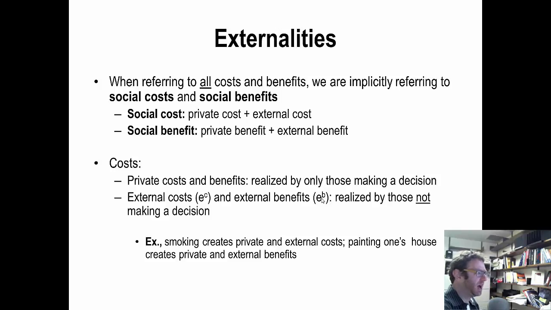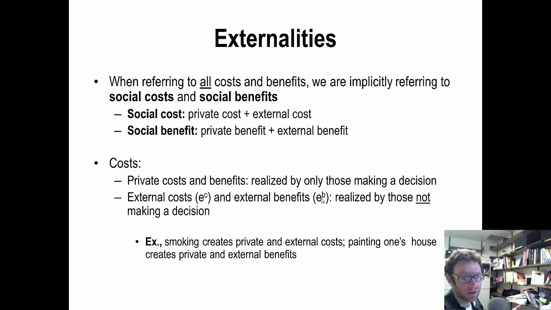Or conversely, on the benefit side, we can think of a transaction where I decide to paint my house. And when I paint my house, the full social benefits of that transaction are not just my private benefits. Because yes, when I paint my house, I get a feeling of satisfaction. My house now looks nicer. That's why I did it.